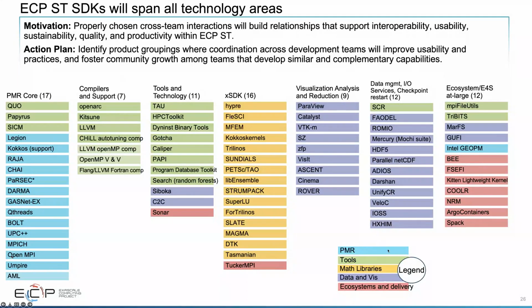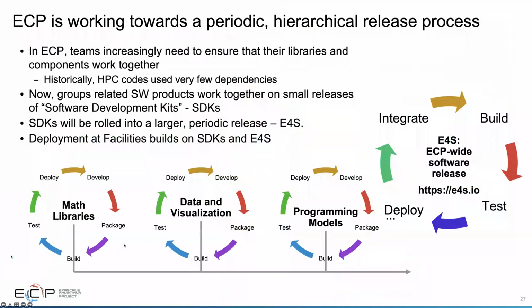And there are all these different SDKs, and we build the package, we test it, we deploy it. This is the whole cycle of developing the package and installing it for different SDKs, including math libraries, data and viz, programming models, and then it integrates and builds the whole E4S distribution based on these SDKs.